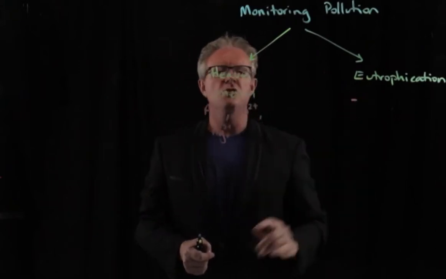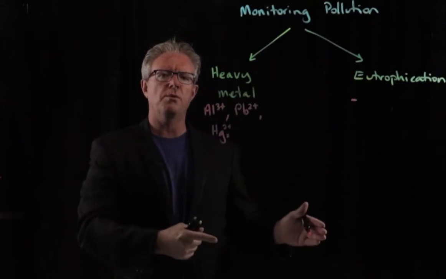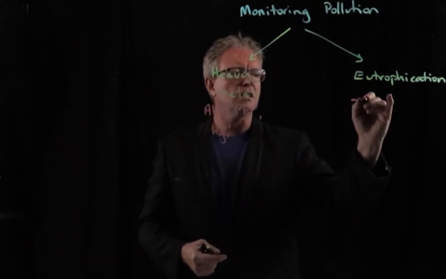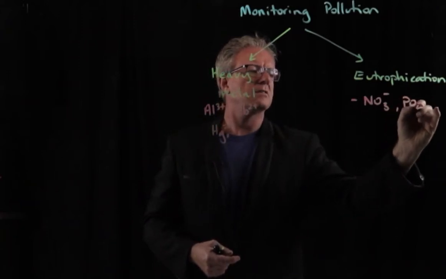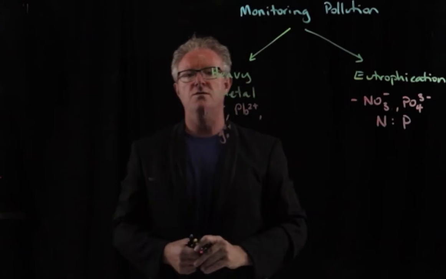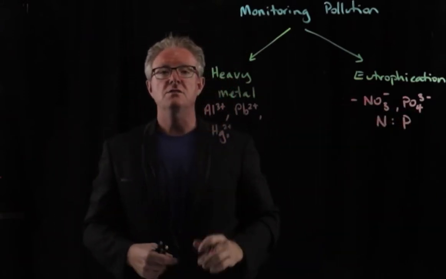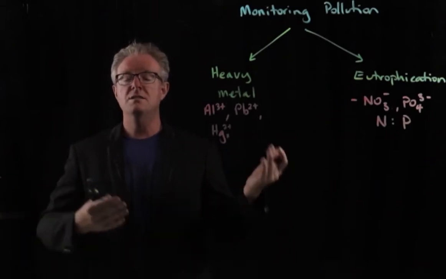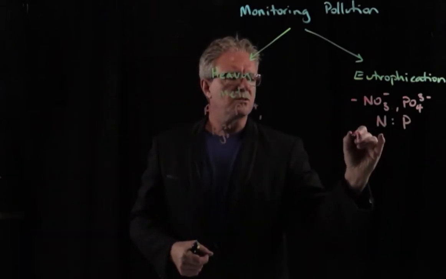Eutrophication, on the other hand, is when you get an enhancement of a nutrient entering the water body. Usually that's nitrates and phosphates. Then we'll talk about something called the nitrogen to phosphate ratio. When a lot of nitrogen and phosphates are released, probably due to fertilizers and washing detergents, the nutrient is increased.